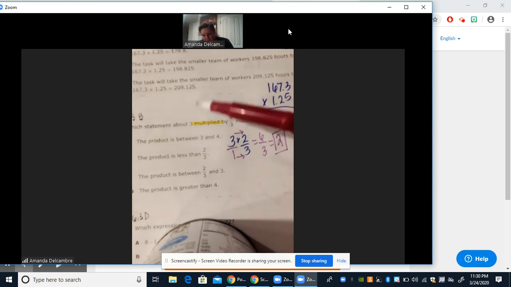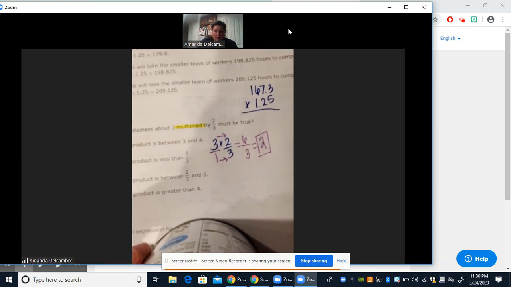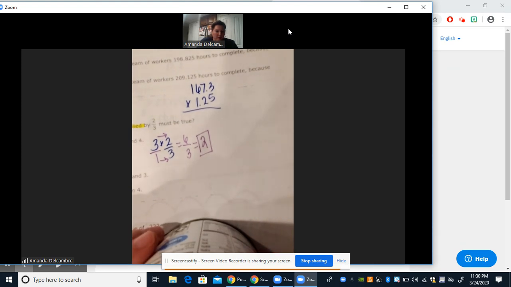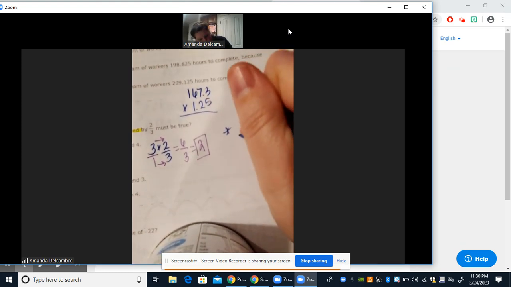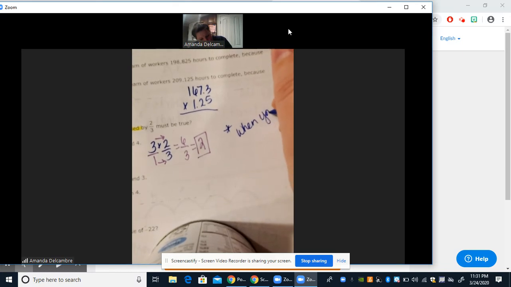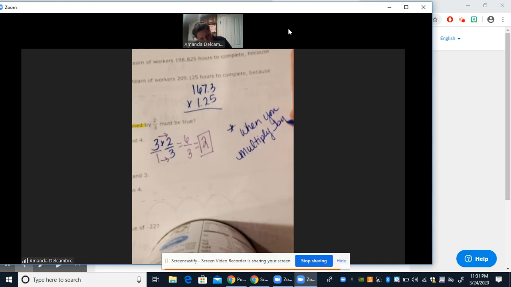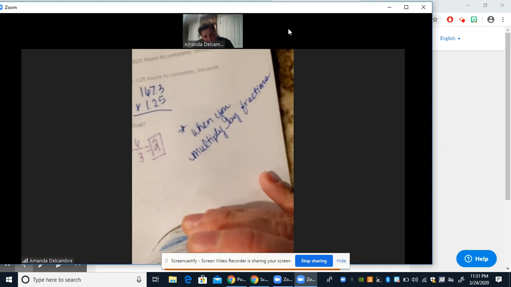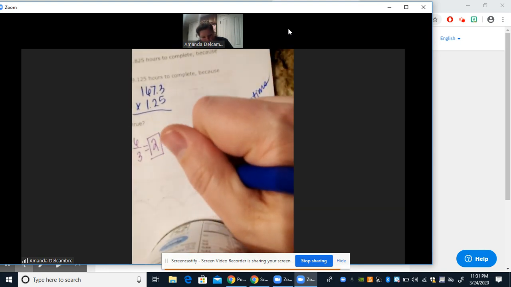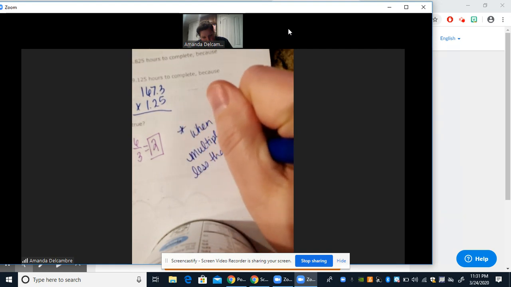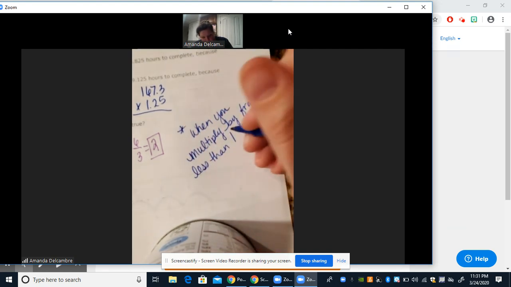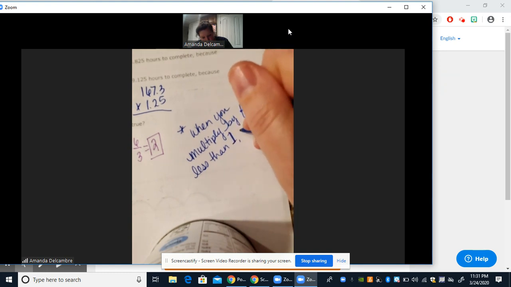Now, figure out which category it would fall into. And always remember that when you multiply, so I'm going to put a little note over here. When you multiply by fractions less than 1, your product decreases.